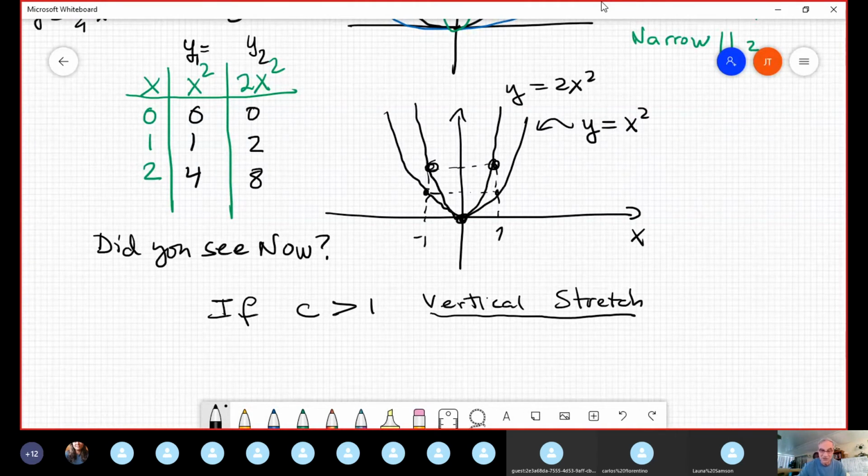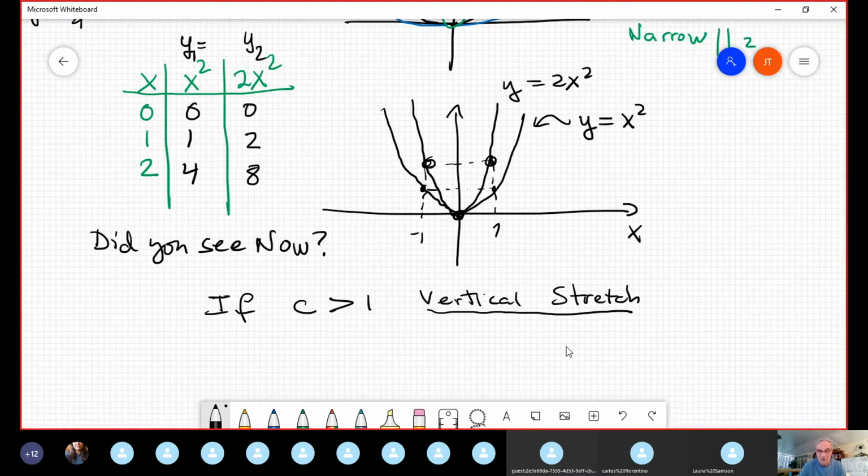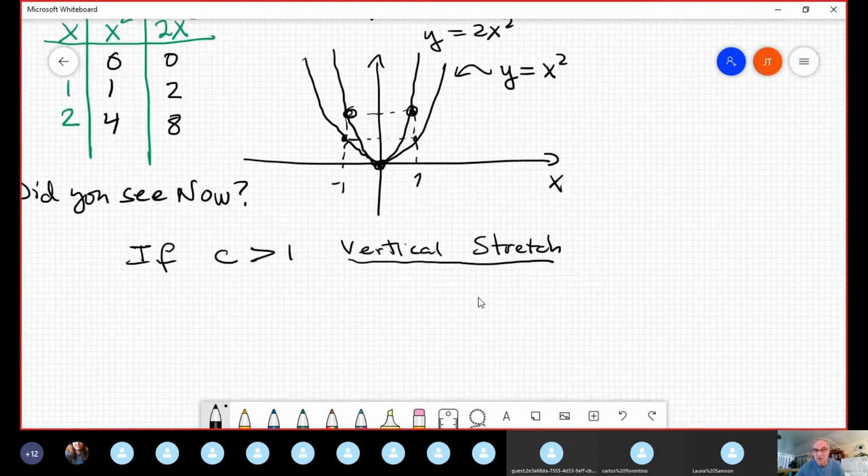Vertical stretch means, to understand it very well, suppose this is my face, professor face, and you multiply my face by 2, but not by 2 in x and y. You multiply only in y because it's vertical. My new face now is like that.